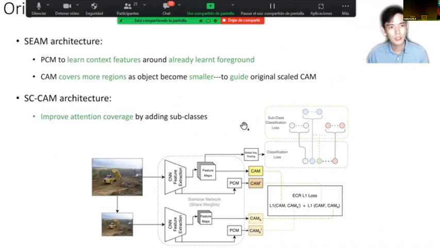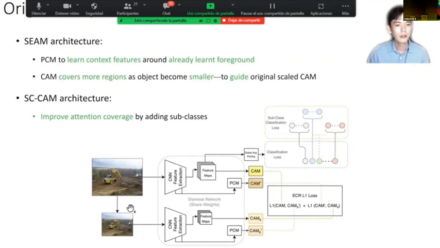As I mentioned, the SIM architecture contains the PCM module that would encourage the model to also look at the neighbor pixels, because they are more likely to be foreground pixels that the model missed. Additionally, the model has a smaller scaled input, and the reason for using this is based on their observation.